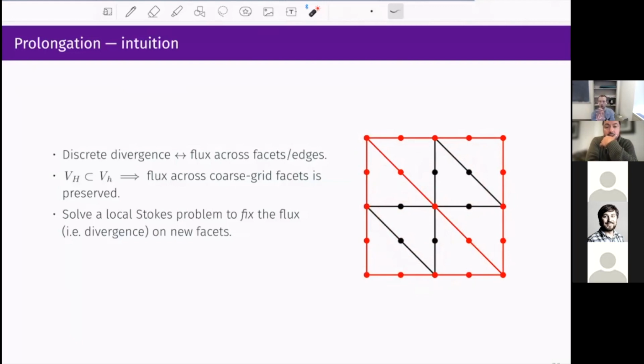So you solve a very tiny local problem in order to figure out how to modify my prolongation operator to ensure divergence freeness on the fine mesh.